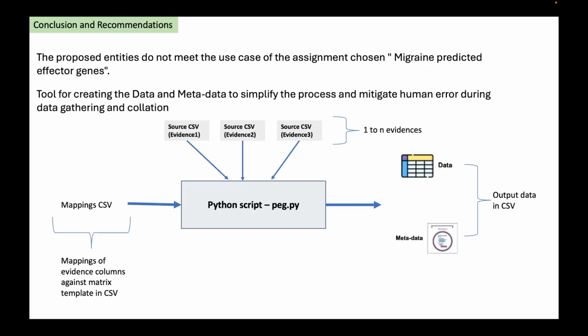I thought there could be a tool that could simplify the whole process, and we could get a Python script, for example, that would take in input data from the mappings and reference different sources. One such source could be Open Targets, GWAS catalog, and so on.